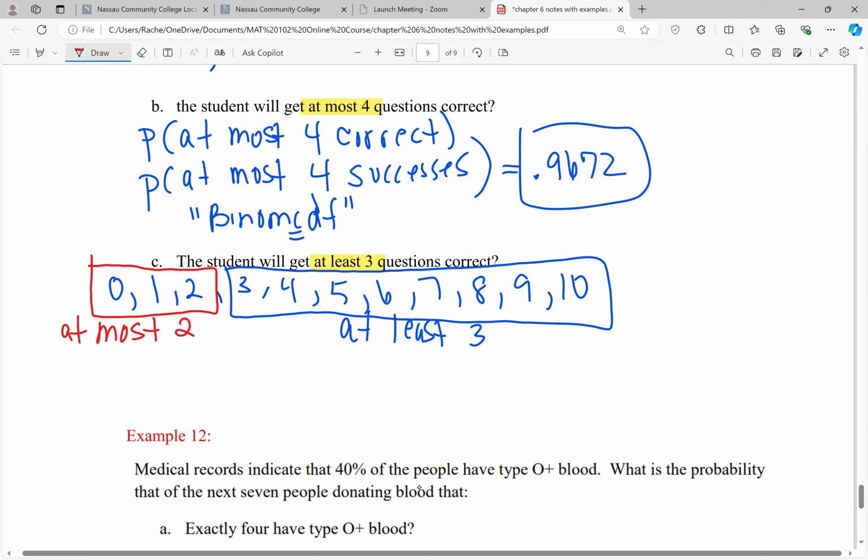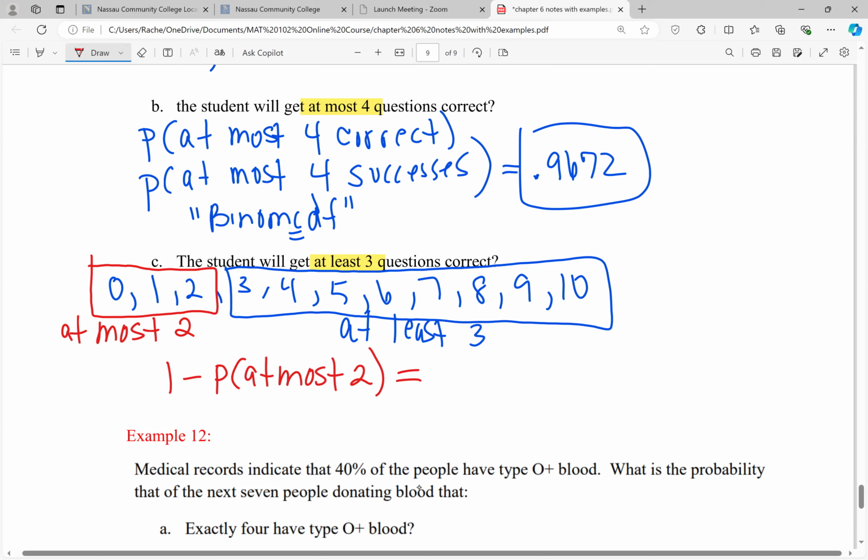Because 0, 1, and 2 means at most 2, and that's what we don't want. We want everything else, the probability from 3 successes on all the way up to 10. What if I did 1 minus the probability of at most 2 successes? Then that's going to leave me with everything else, right? At least 3, 3, 4, 5, 6, 7, 8, 9, 10.